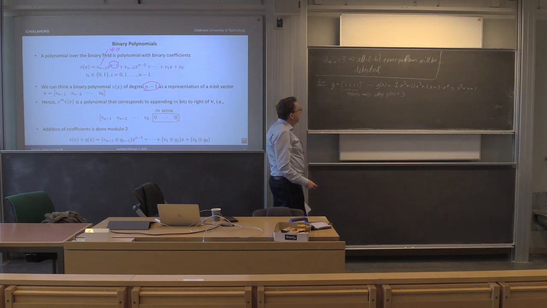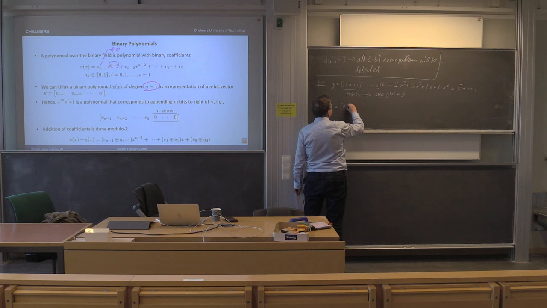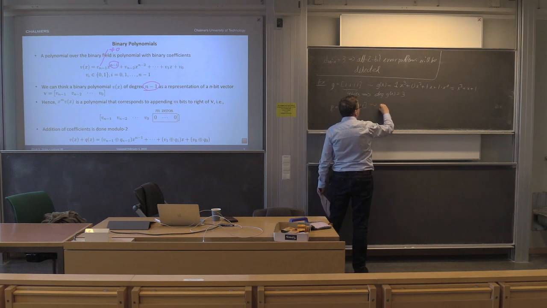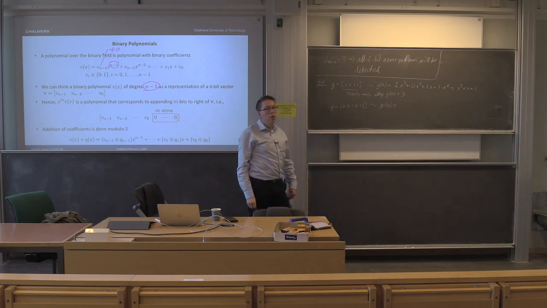A little bit peculiar perhaps could be if we have another pattern, let's call it P, where we have 0, 0, 1, 0, 1, 1, for instance. Now, what polynomial would that correspond to? It's x3 plus x plus 1 again.